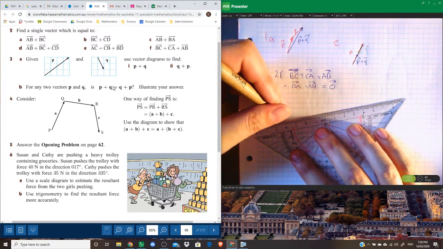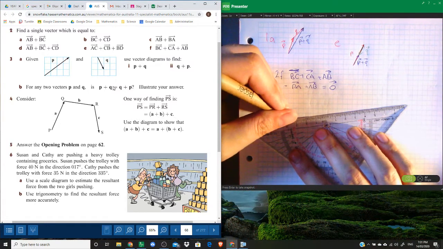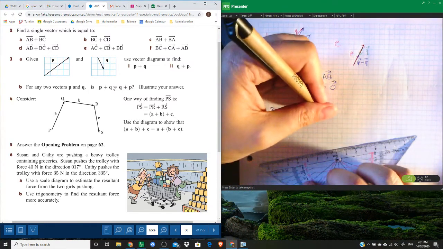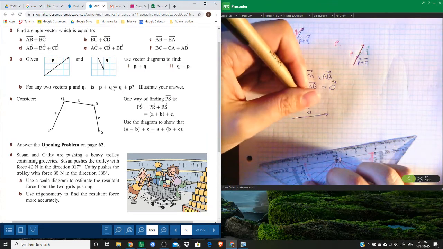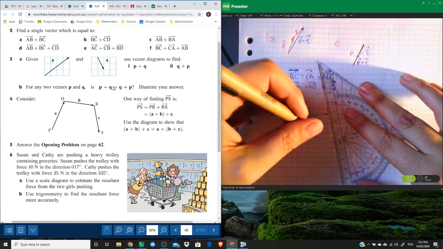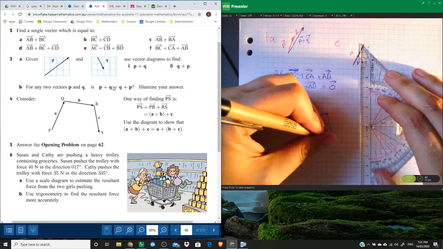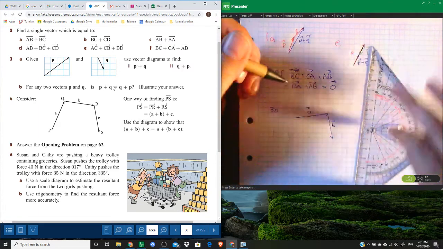We're not exactly proving this for all values, but I'm saying if I draw a vector like this, that could be my A. That's my B. So I just picked those randomly.